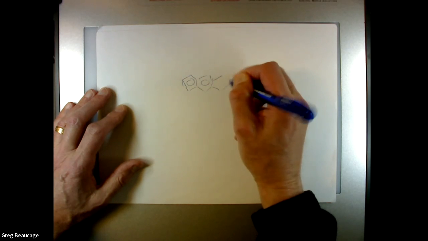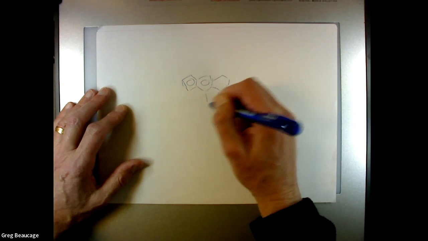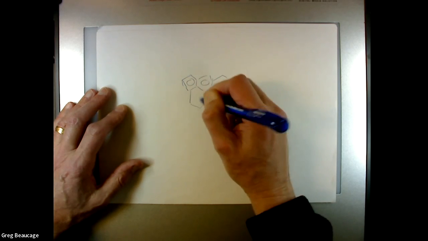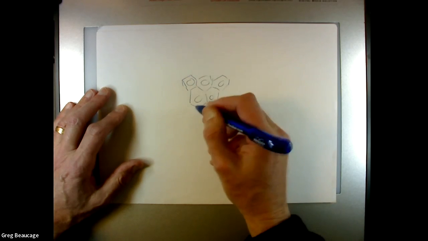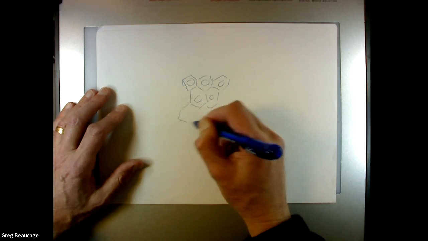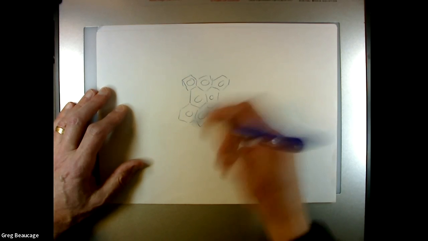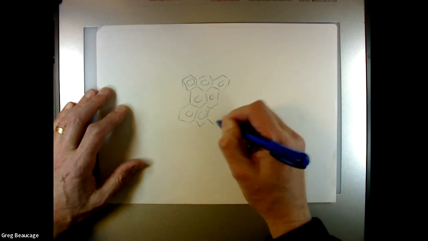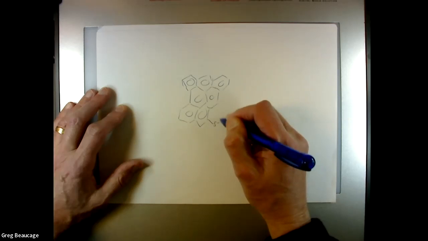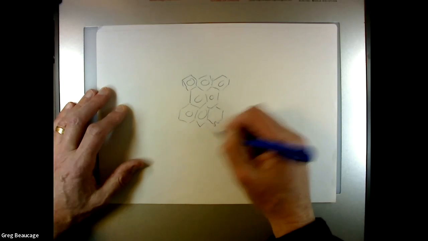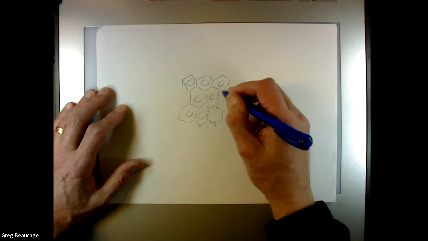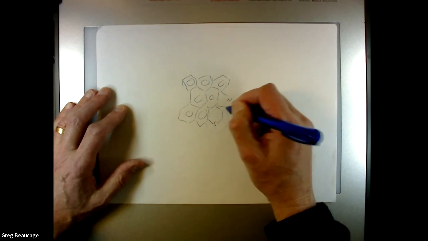So just keep going. That's 5, 7, I guess. That can be different things. Or you can have more rings. You can have a ring with a sulfur in it. Maybe a ring with a nitrogen.